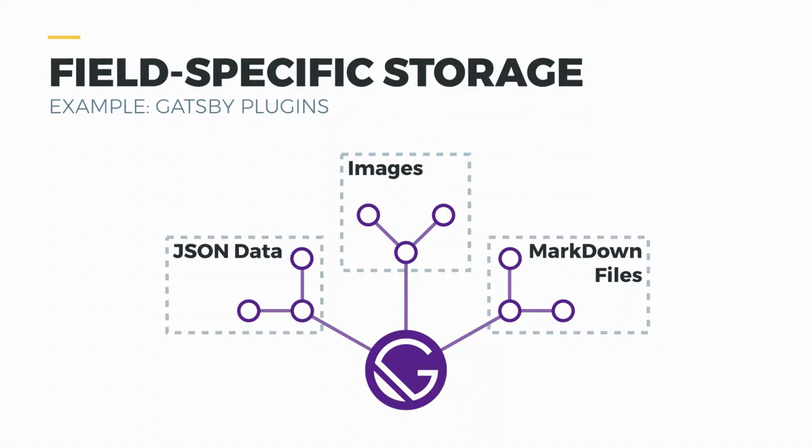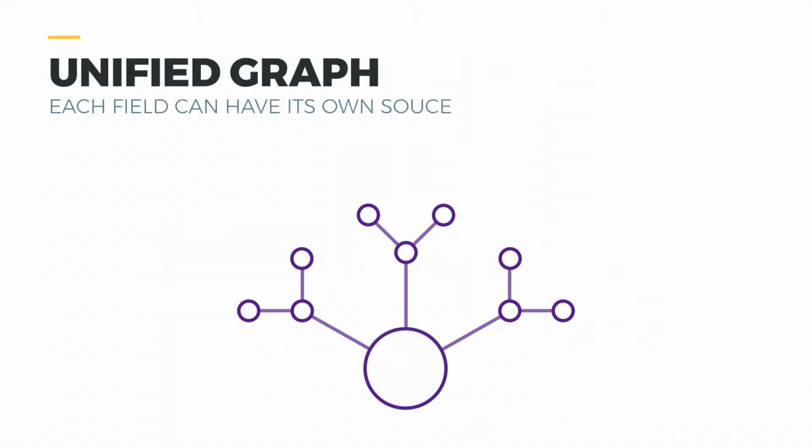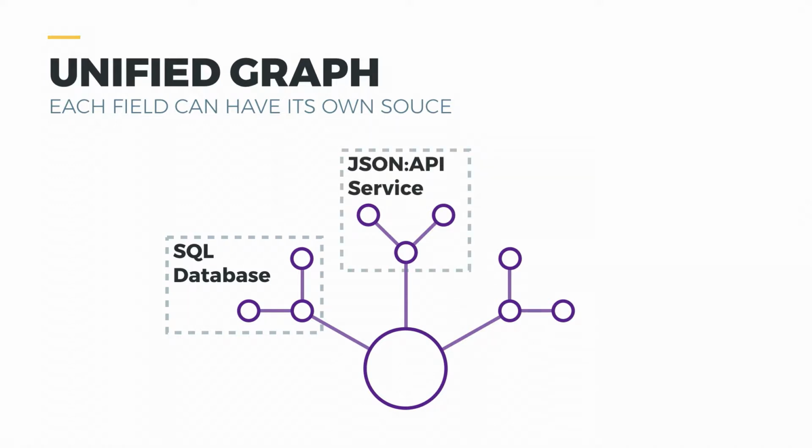This is really powerful, and that means when we look at what that means for GraphQL in general, each field can have its own source of information, which means that we might have a spot in our graph that grabs data from a SQL database. And we're going to have another spot in the same graph that grabs stuff from a JSON API service.